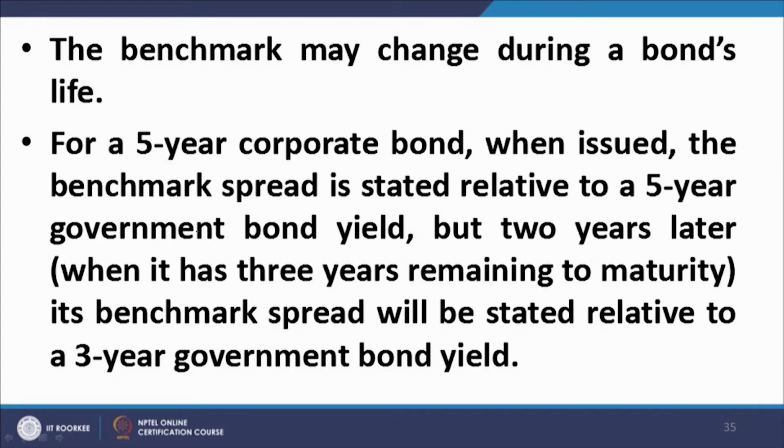For a 5-year corporate bond, when issued, the benchmark spread is stated relative to the 5-year government bond yield. This is quite logical also. The basic thing is the remaining maturity of the bond whose spread is going to be worked out that is the relevant maturity insofar as the benchmark bond is concerned, not the total life of the bond, not the life of the bond at the point of issue.